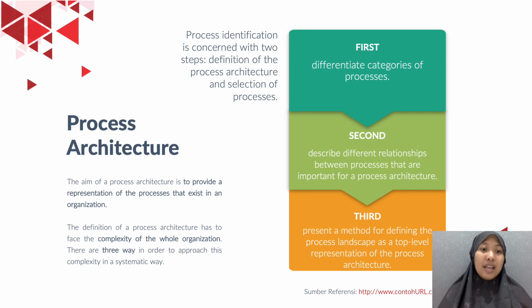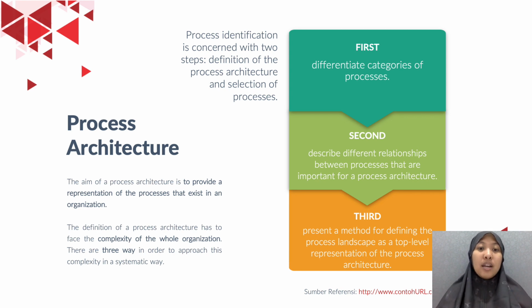There are three ways in order to approach this complexity in a systematic way. The first one, differentiate categories of the process. The second one, describe different relationships between processes that are important for a process architecture.